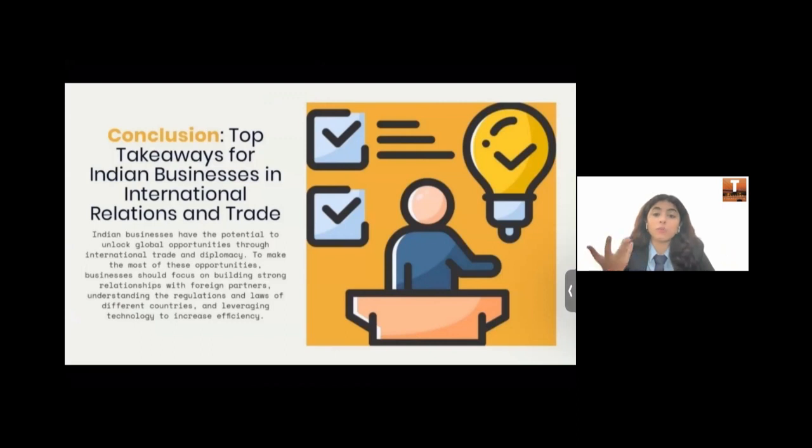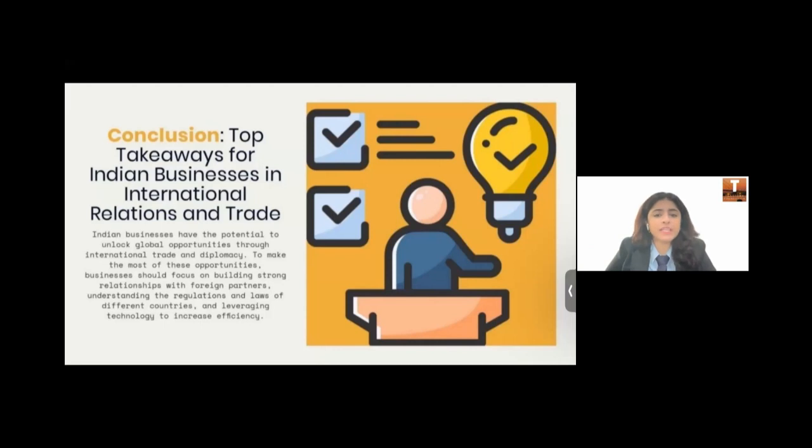We can understand global market trends, invest in research and development, embrace digital transformation, enhance cross-cultural competence, and navigate trade regulations. We can also collaborate and network, prioritize quality and standards, mitigate risk, and foster a culture of continuous learning and adaptation. These are the main keys to success.